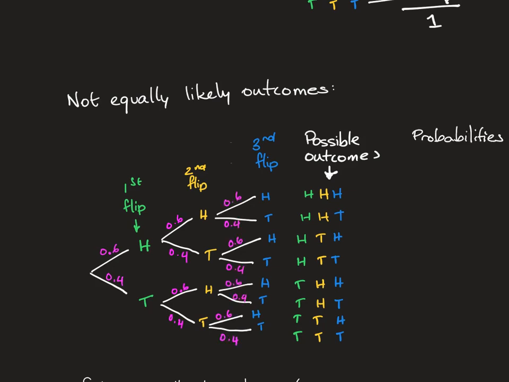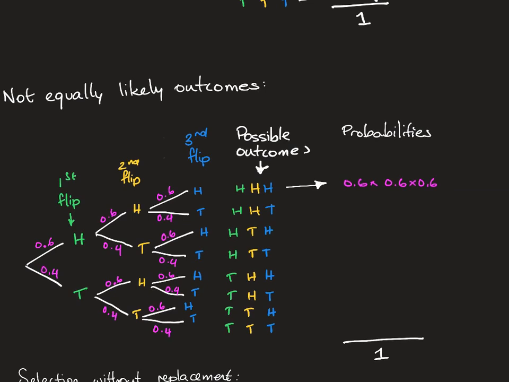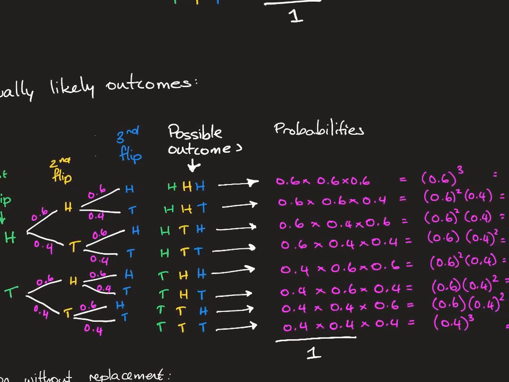So we know with the probabilities that the probability of all of those possible outcomes will all add to 1. To work out the probability of each individual outcome, what we do is we multiply the probabilities as we go along each branch. And that is the same for every one of the outcomes. You multiply along the branch to give you your probability.